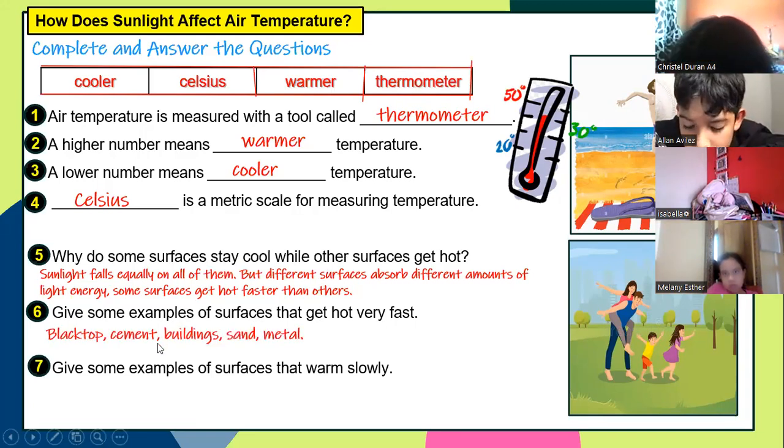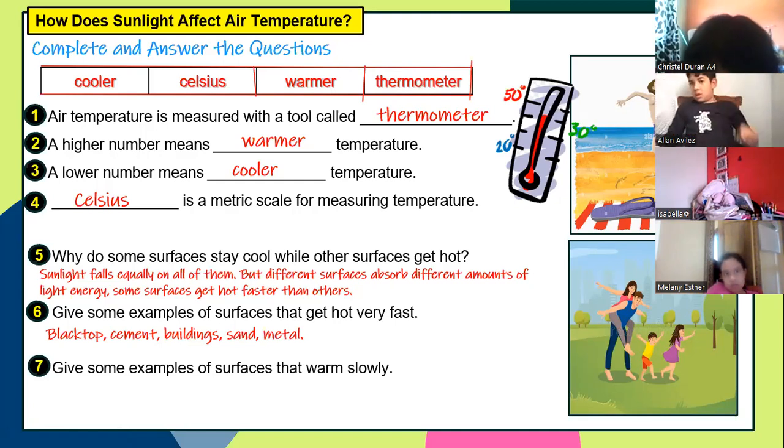Blacktop, cement, building, sand, metal. Imagine metal, very, very hot. Sometimes when you're near a house and there's cement, it's too hot, or metal.